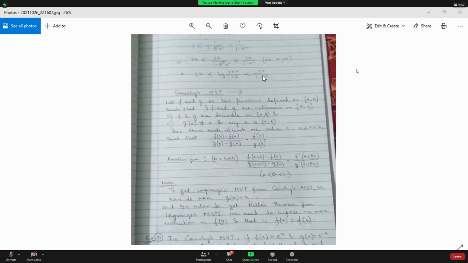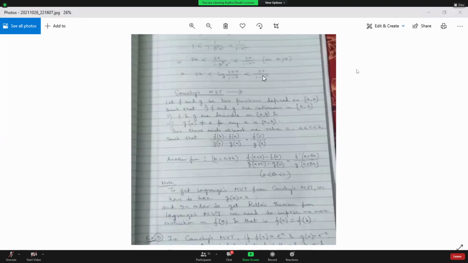C is a number between a and a plus h. So c may be chosen as a plus theta into h, where theta lies between 0 and 1. F of a plus h minus fa by h equal to f dash a plus theta into h, where 0 less than theta less than 1. That is your Lagrange's mean value theorem.